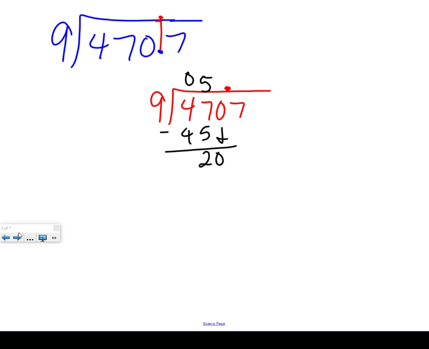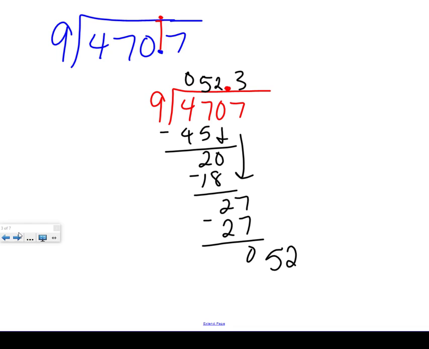I bring that number down below the line and I start again. 9 goes into 22 times. 9 times 2 is 18. I subtract and I get a remainder of 2 and I bring my last number down. 9 goes into 27 3 times. 9 times 3 is 27. I subtract and I get a remainder of 0. So 52 3/10 is my answer for this one.